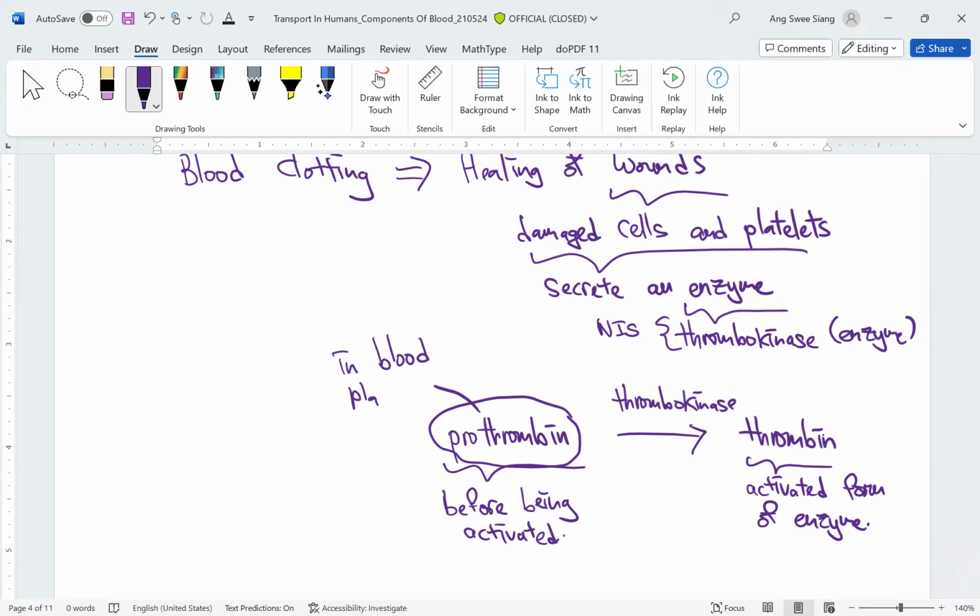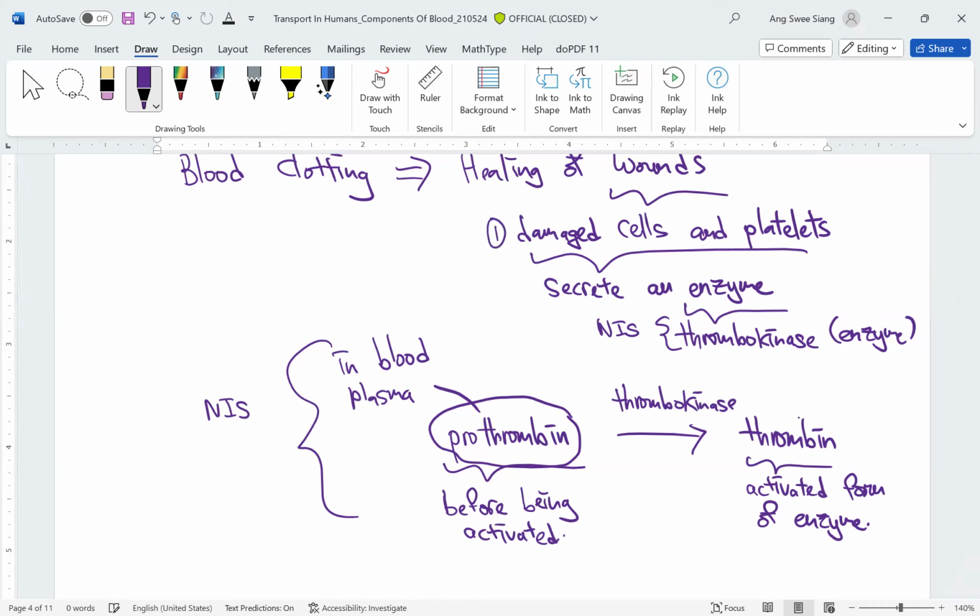So prothrombin is also found in the plasma. Again, this is not really required of you at the moment.